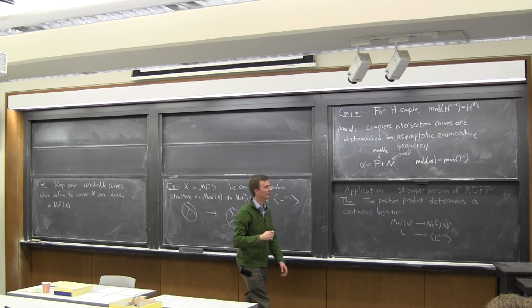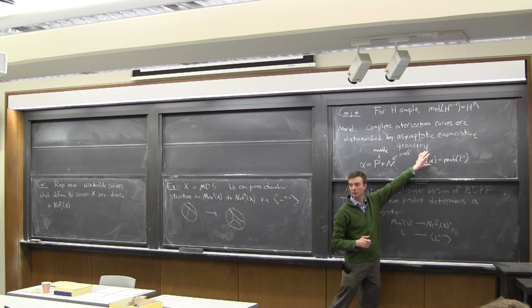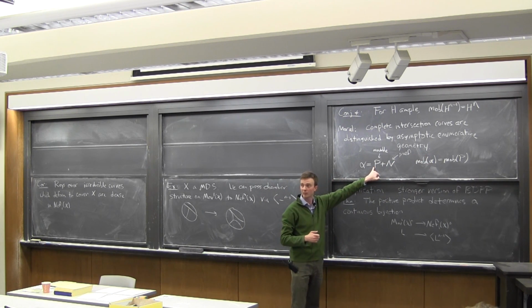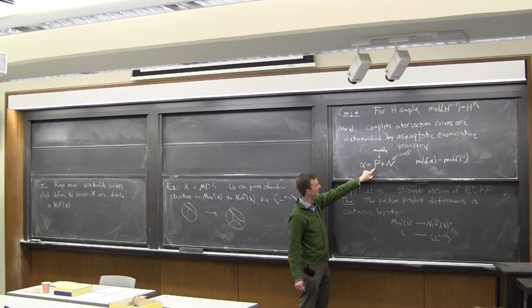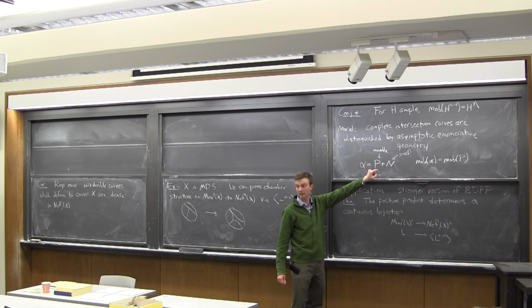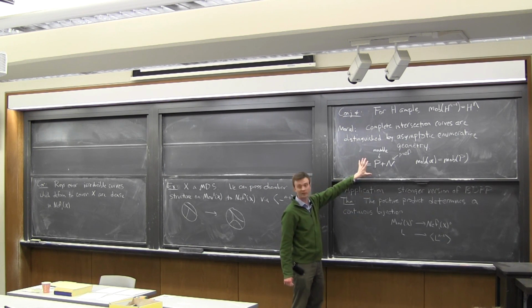So again, you retain the volume in some sense, but on some better behaved positive part. This is something that I didn't have time to talk about. It plays an important role in this comparison theorem that I wrote up earlier. It's weaker because saying that a curve is movable is not the same as saying it's a complete intersection. So for curves, the version I wrote down is better. But in general, this is the best we know right now.